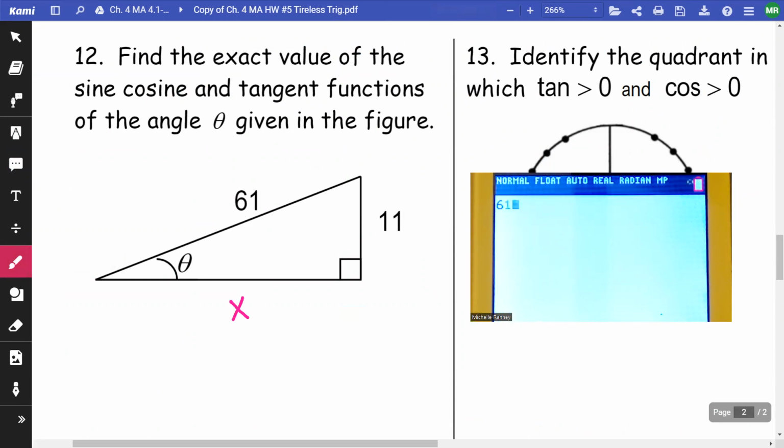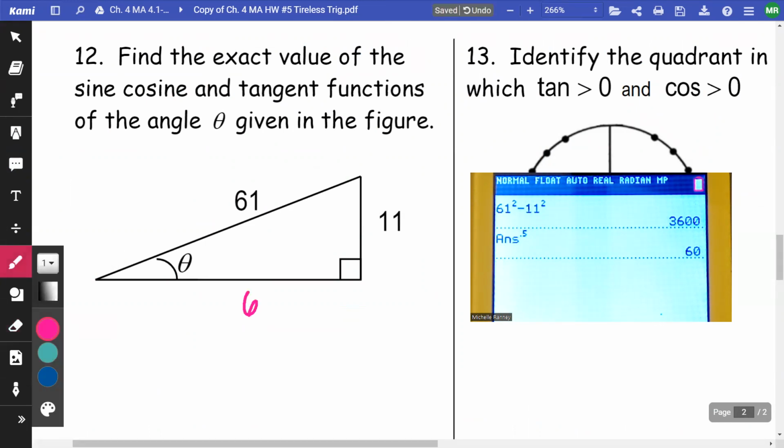My hypotenuse is 61, so 61 squared minus 11 squared gives me 3,600. Then I raise it to the 0.5, which is the same as square root, and so this is 60.